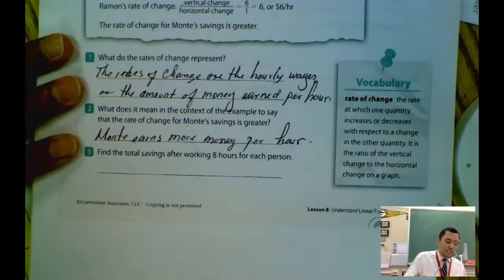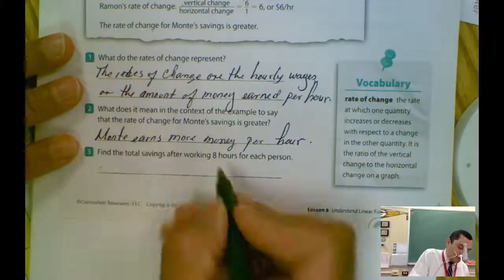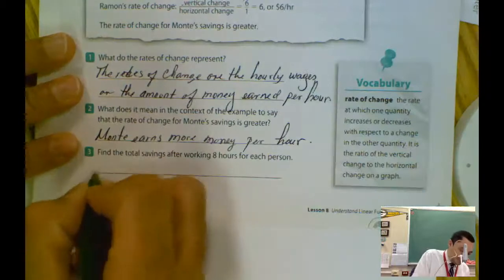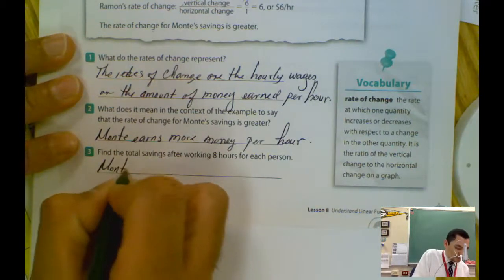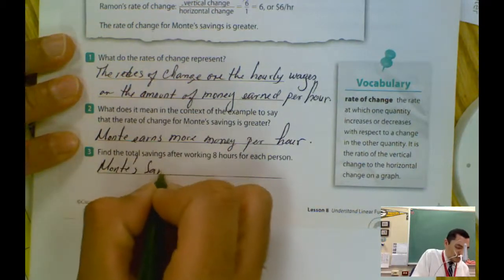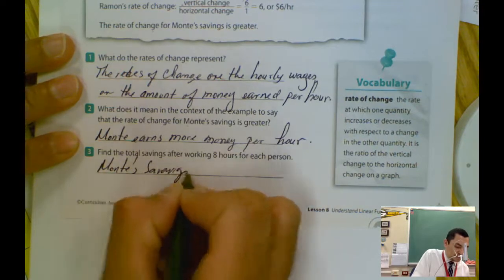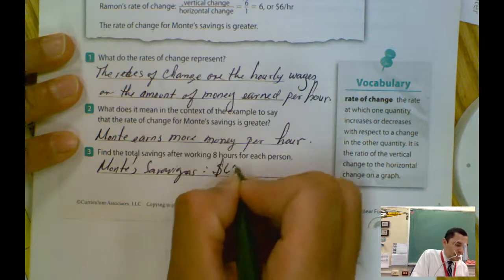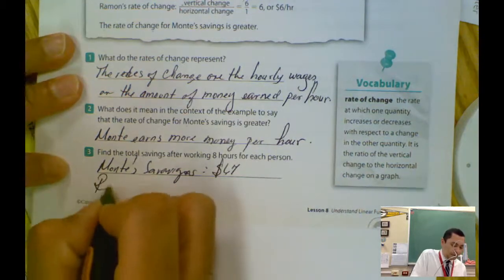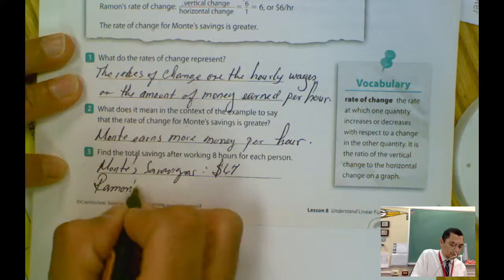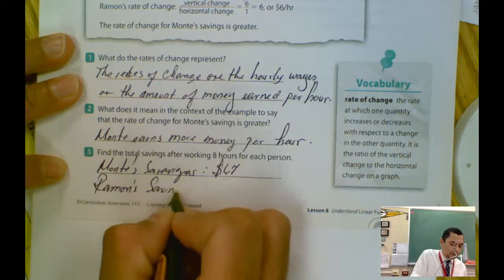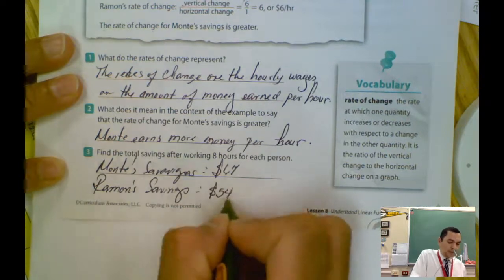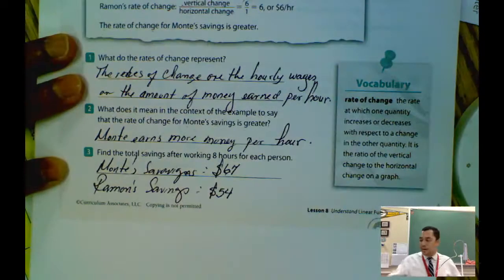So in this case, you're working 8 hours per person. Monty's savings will be 67 and Ramon's savings will be 54. This is 67 and 54.